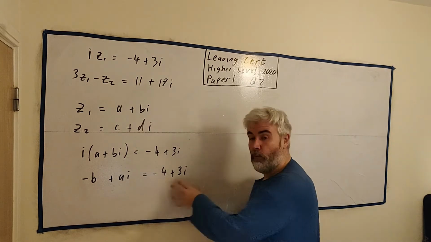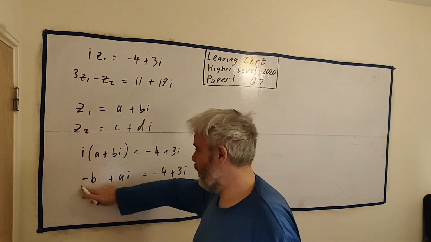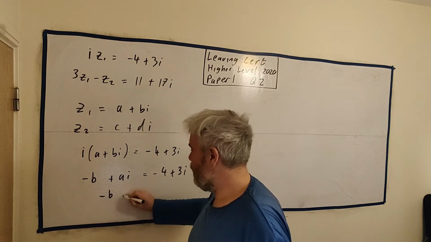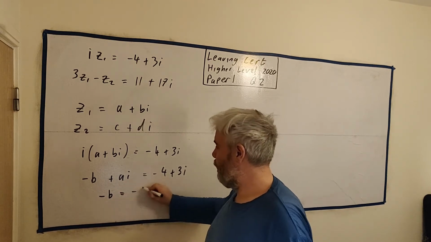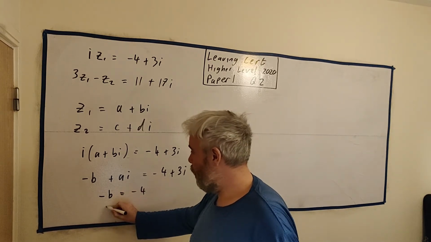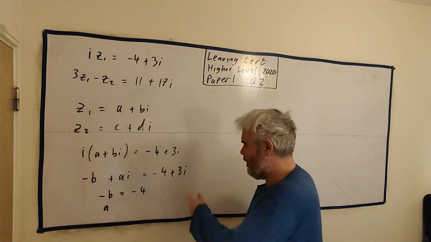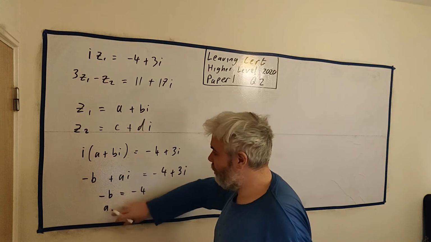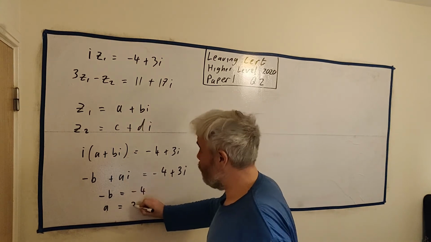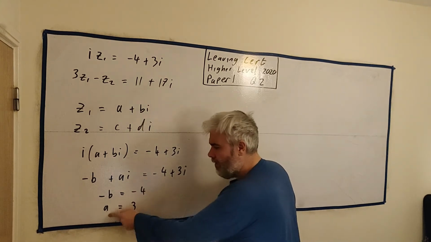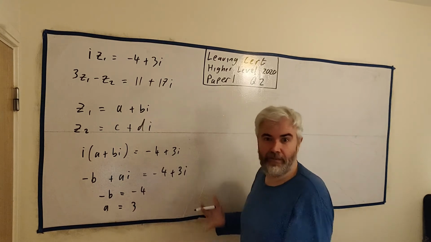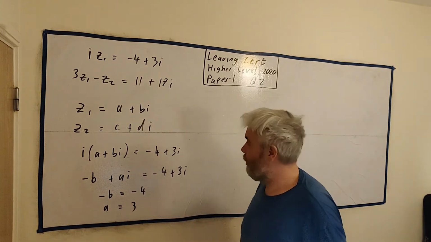So instead of one equation, we write two. All the reals, minus B is the only real, must equal minus 4. And all the imaginary parts, A equals 3. I could have written AI is equal to 3I and then divided by I.